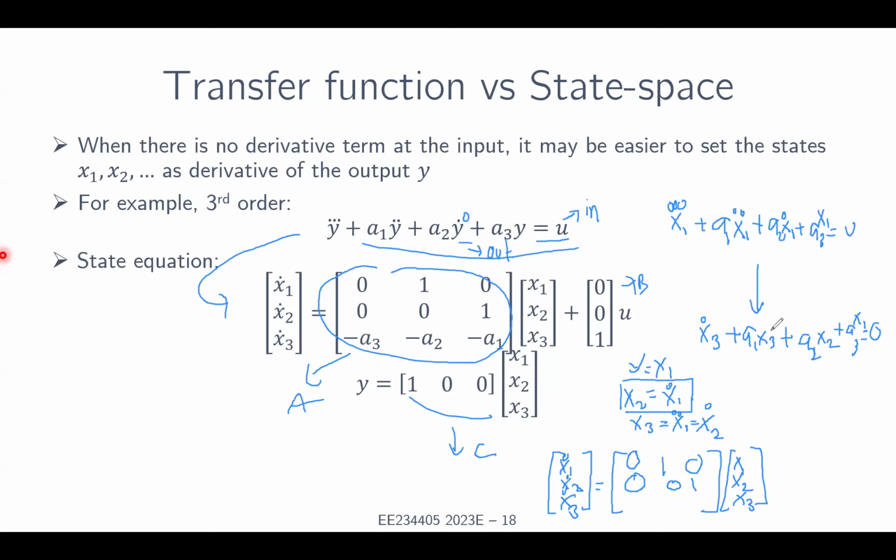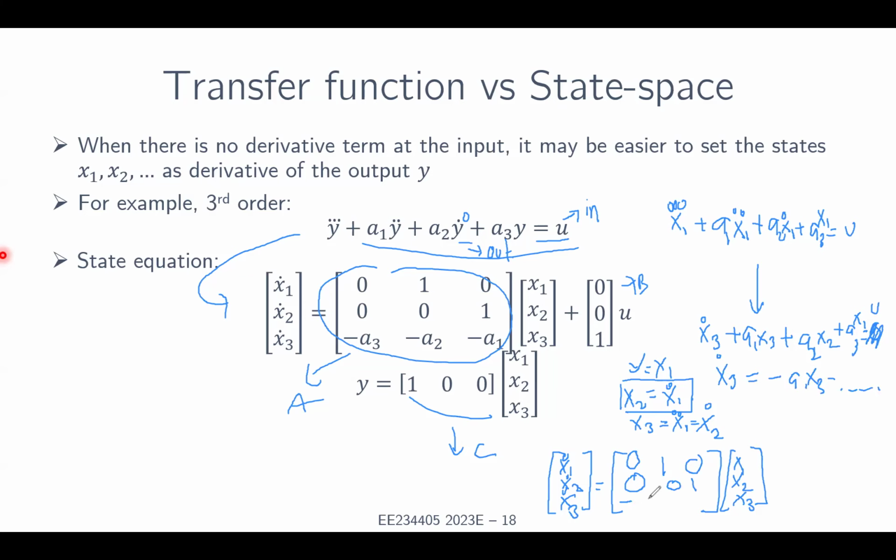And lastly, we have everything here. X3 dot, oh, sorry, this is not 0, this is u. X3 dot would be minus a1 x3, and so on, right?